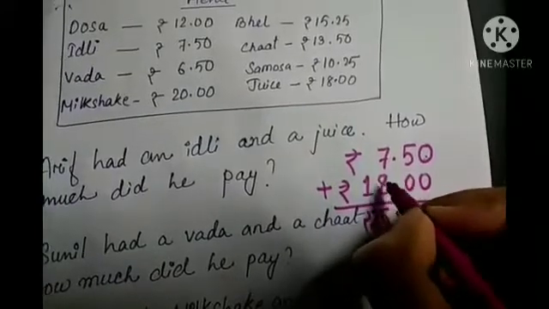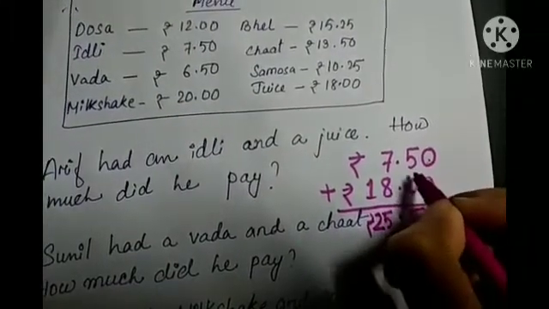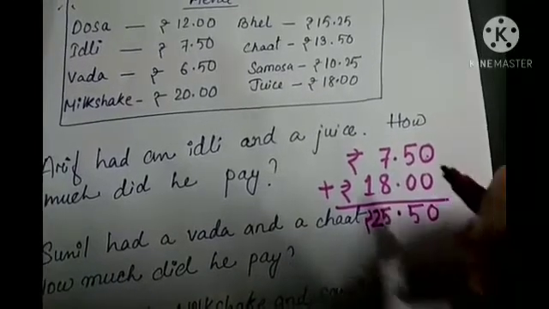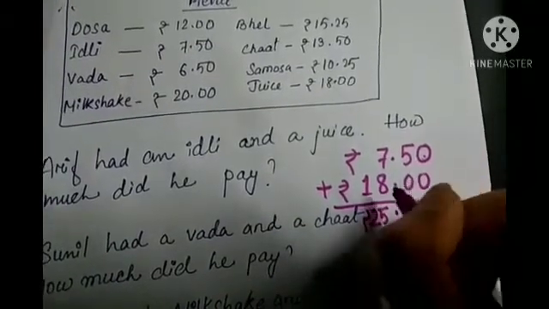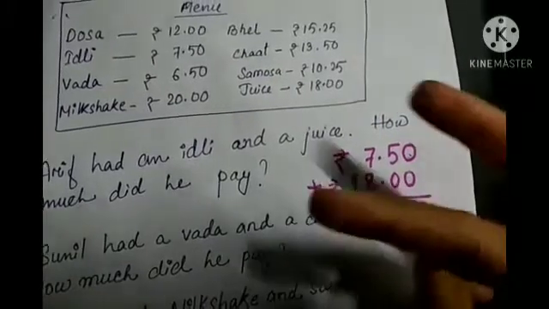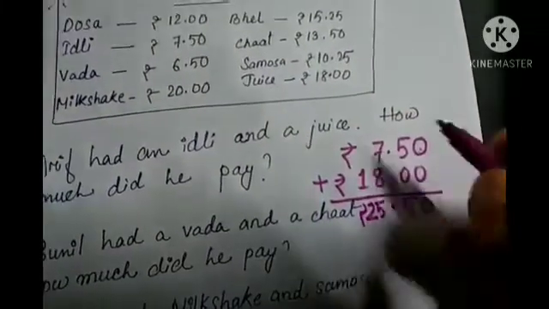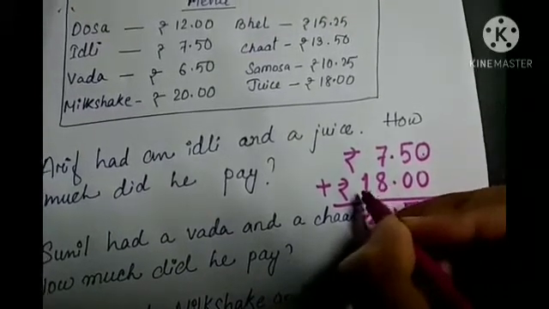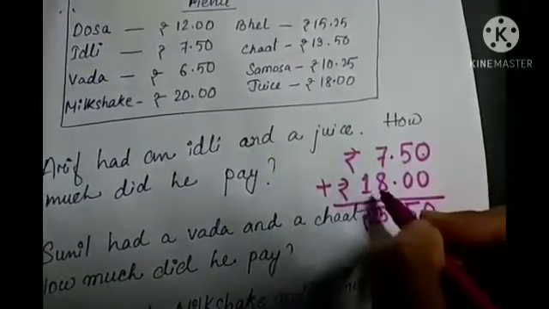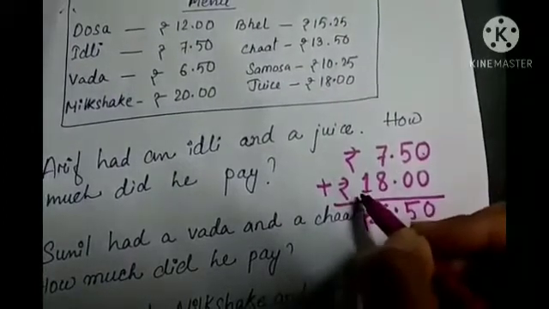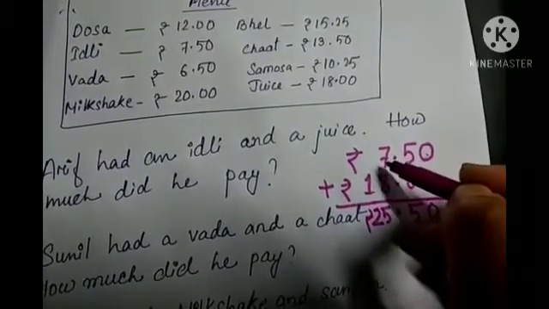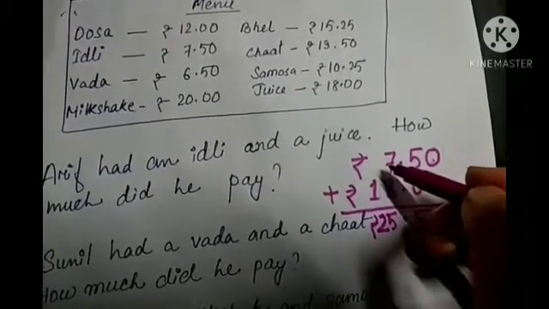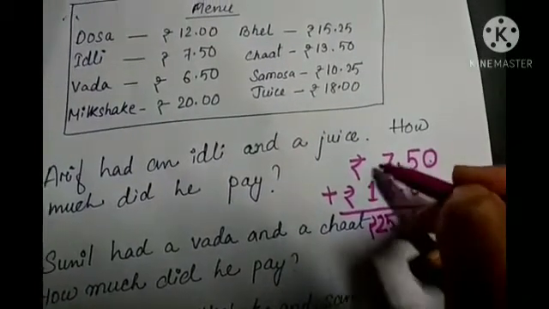I haven't written it like this, because I told you the place of the point should always be the same, and after the point there will be only 2 digits. In 18, 8 is at the 1's place and 1 is at the 10's place, and 7 is only once, so it is placed in the 1's place, and in the 10's place there is nothing.